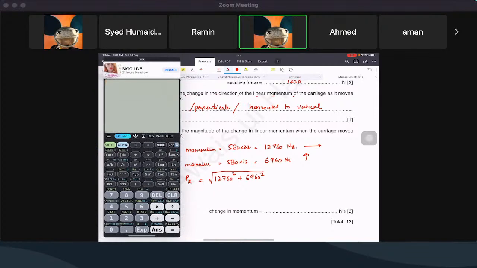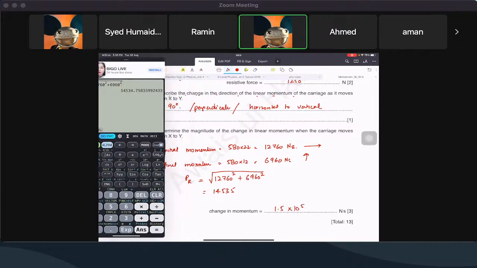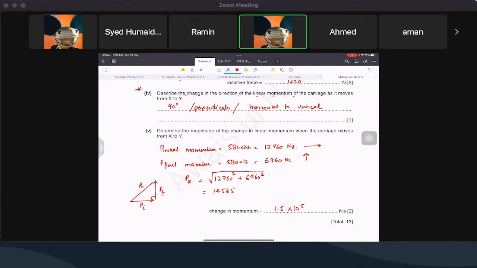So that is 14534.35 actually, but it doesn't really matter because this is going to be 1.5 times 10 raised to 5 newton seconds. Is it clear, everybody? Any questions?